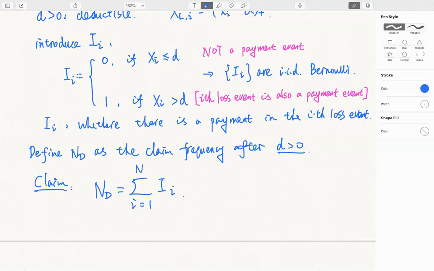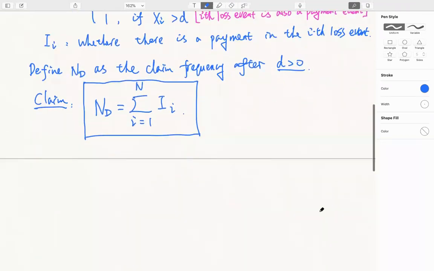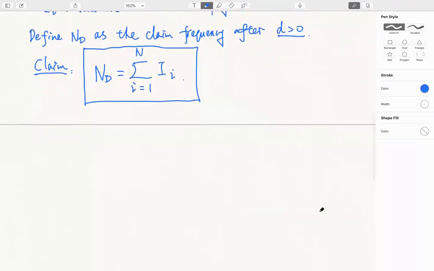So now take a few seconds to think about this identity. This is an identity, not a definition. So this is a result. Can you understand the result behind everything? Or are you able to prove this result? You can simply do it by deduction, right?